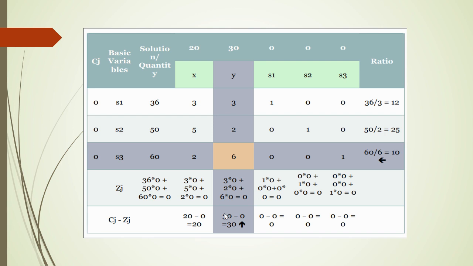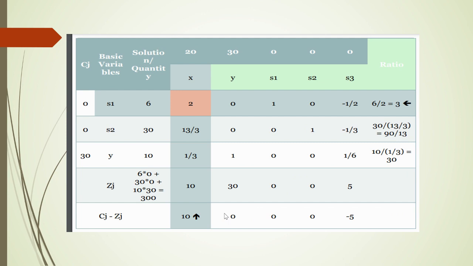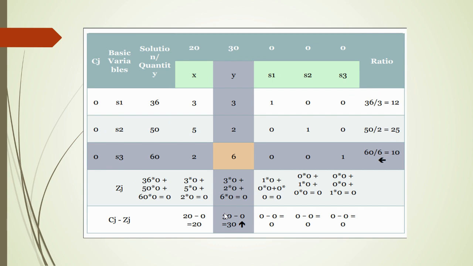We take the second row column element, which is 2, and subtract that multiplied new row from the second row, 50, 5, 0, 1, 0. So here we multiply by 2: 20, 2 by 3, 2. After multiplication, we subtract.